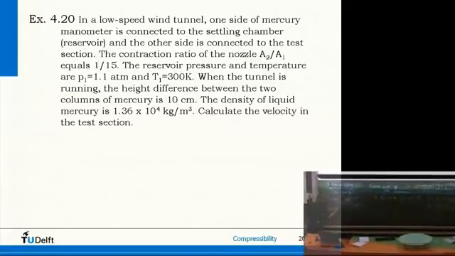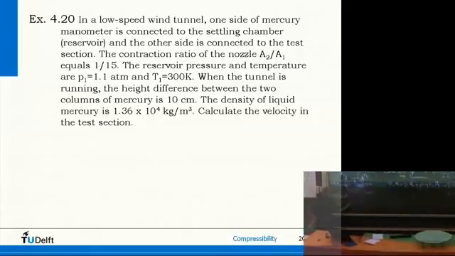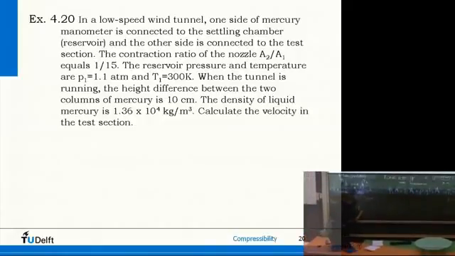So that is P plus a half rho V squared is constant. From where to where are we going to do it? Well, we have some information about state 1 and state 2, right? P1 and P2 through the mercury, because the mercury gives the height difference and the density. So we say P1 plus half rho V1 squared is equal to P2 plus a half rho V2 squared.